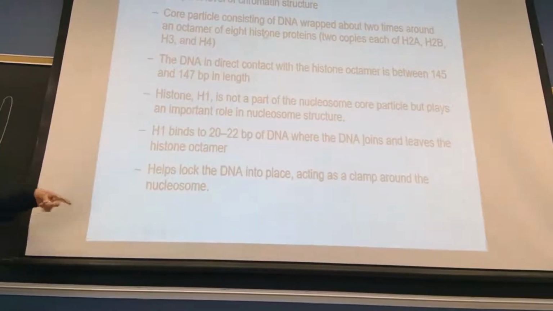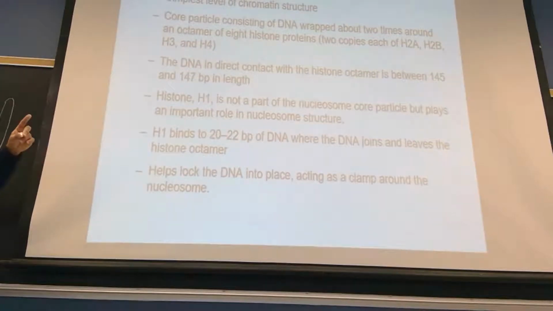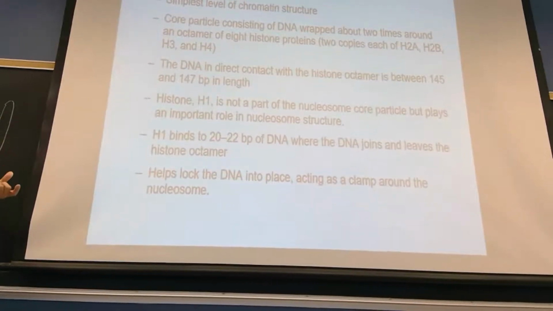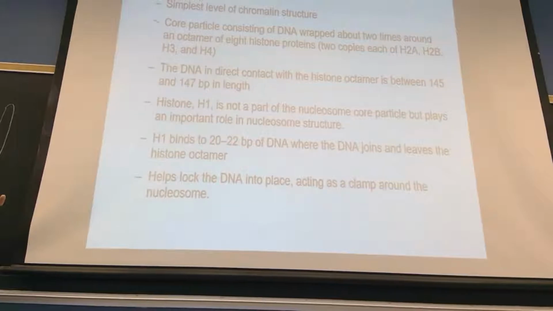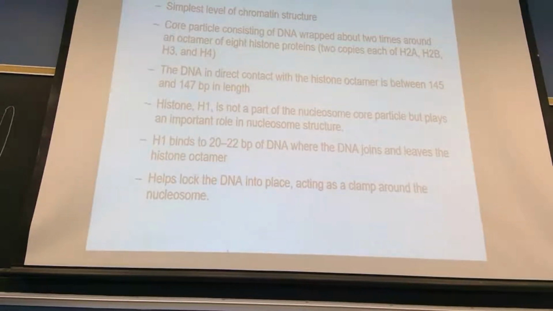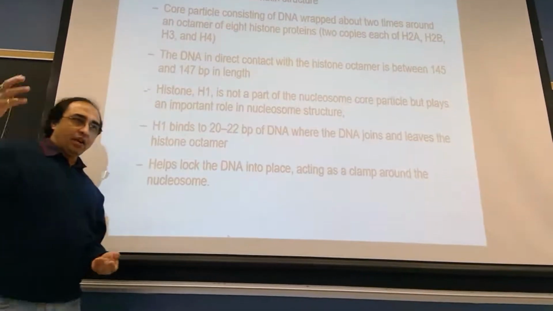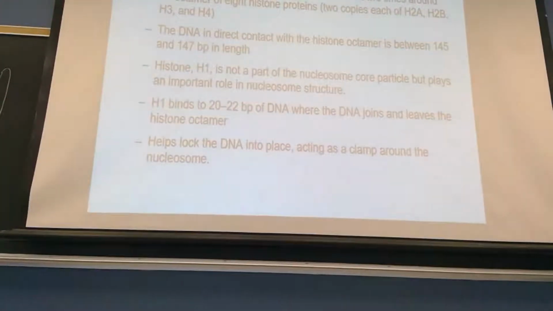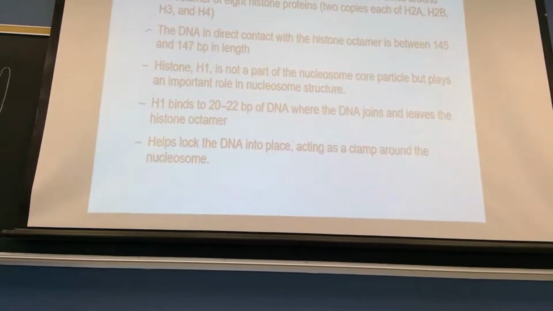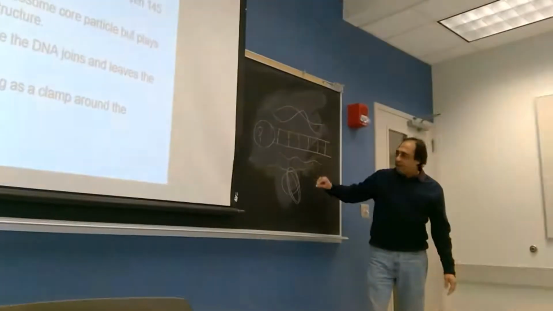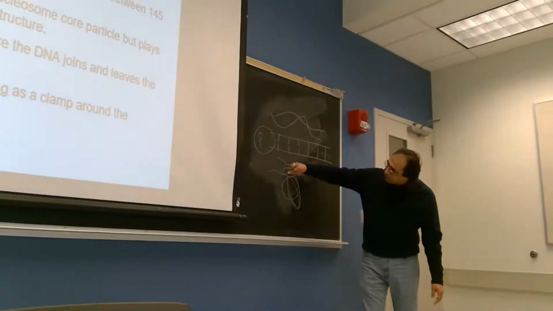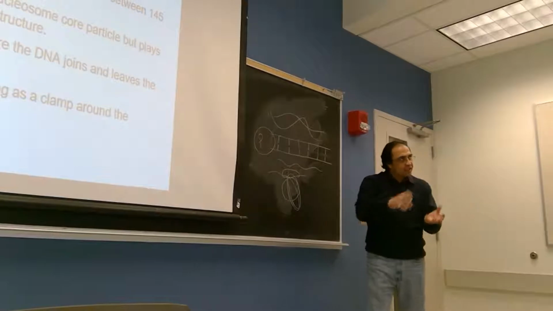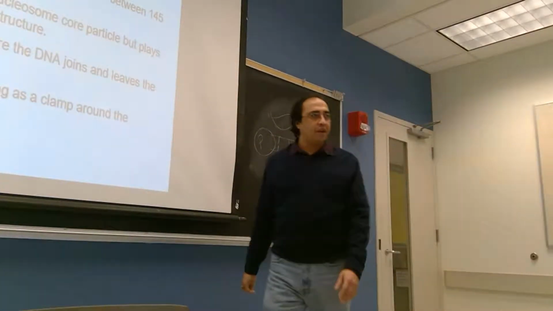One round of DNA about the histone protein is 147 base pairs long. But histone 1 is not part of this. It is like the clamp. The histone protein is there, DNA is coiling about it, and then there is one clamp on top to secure this structure, and that is the function of histone 1.